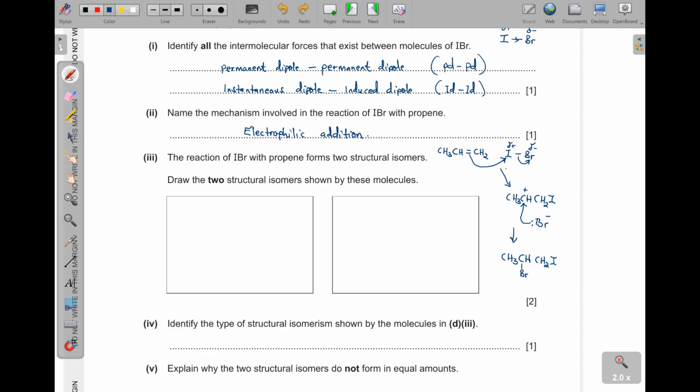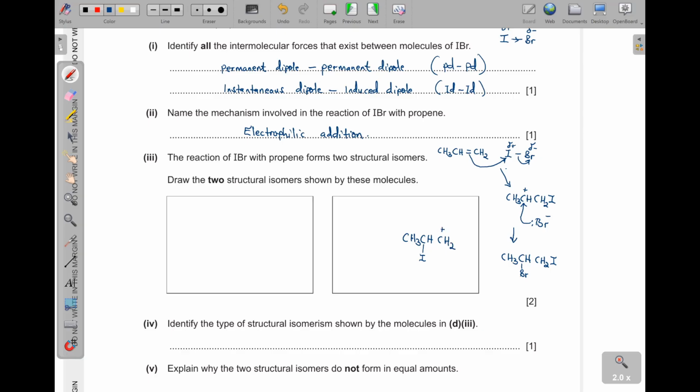But there is also that scenario where this one, which is poorer, can now get the electrophile first, and then you can get iodine here. Now you will have something like this: CH3, CH, then iodine, okay, then CH2.